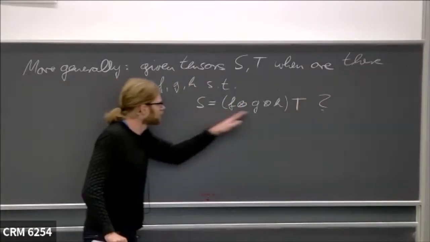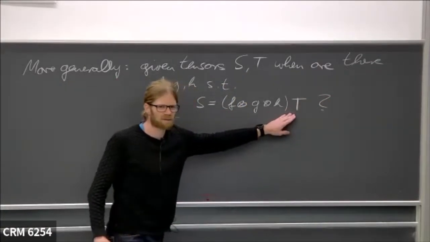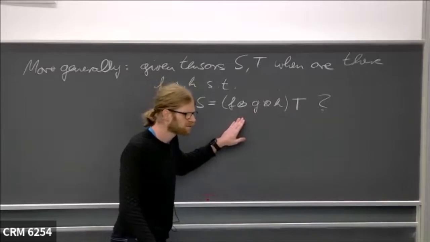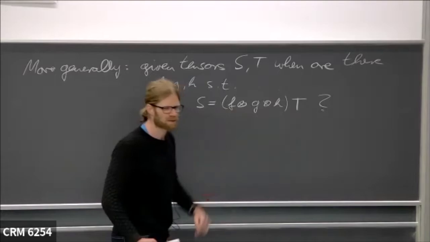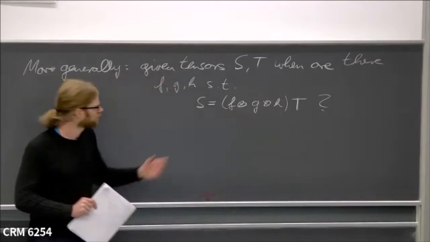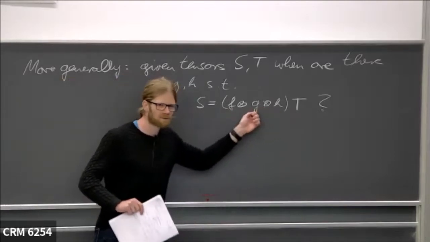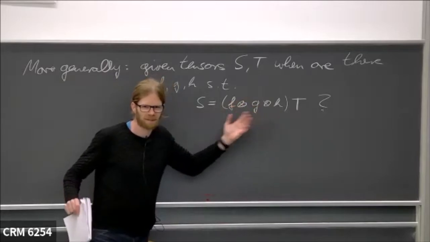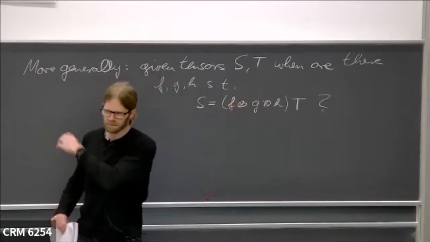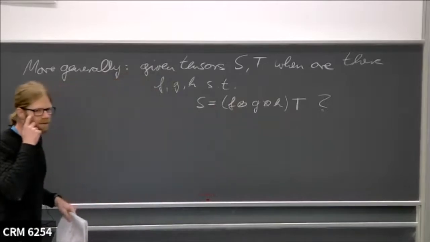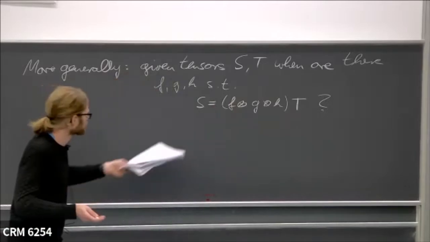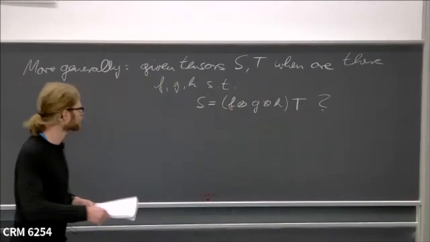Clearly an obvious necessary condition for this to be possible is that the tensor rank of S is at most the tensor rank of T. Just applying these local operations clearly cannot increase the tensor rank. But in general, this is not a sufficient condition.